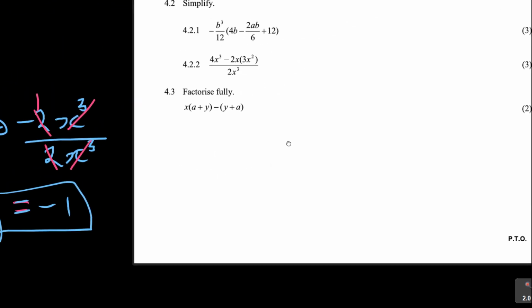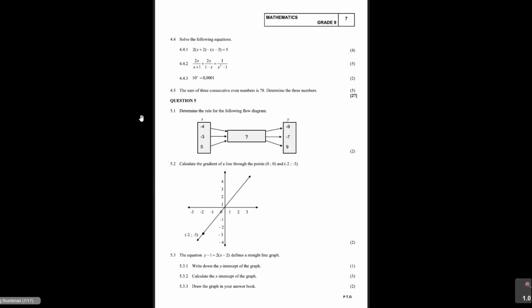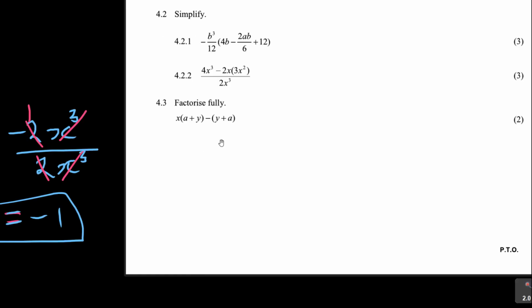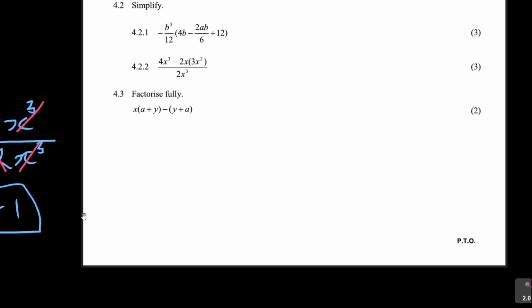So guys, yes, that is it. Here they want me to factorize, but I can actually quickly show you this one here. I'll do the next one in the previous lesson. Now the next one here is easier. It says x(a plus y) minus (y plus a). I've done this in the previous lesson. Look at the signs.